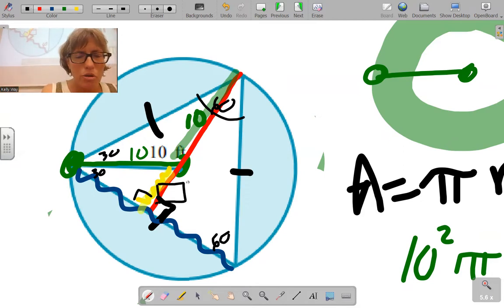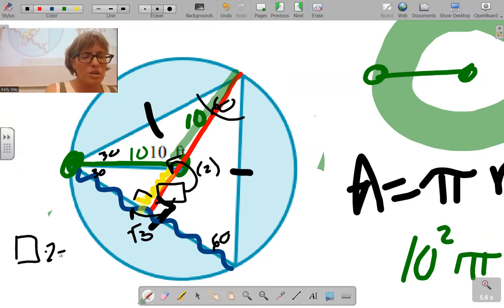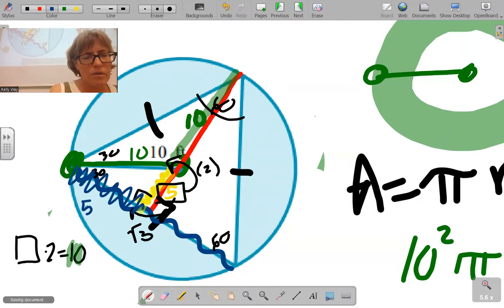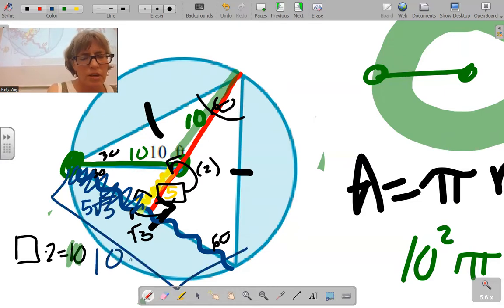Right here is your short leg, times root 3 going this way, times 2 going this way. Something times 2 is 10 is how that reads. The 10 is the green. And of course, we get 5, which would make this 5 root 3, which would make our entire thing 10 root 3.